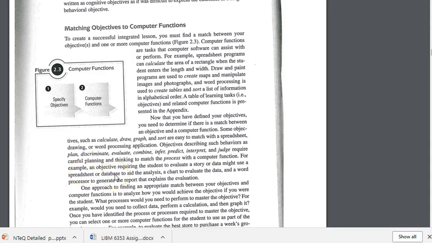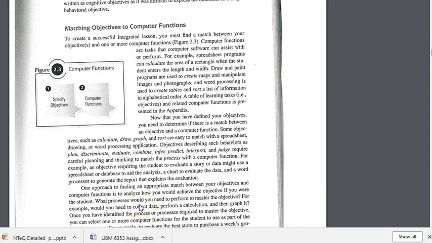So for example, an objective requiring the student to evaluate a story or data might use a spreadsheet or database to aid the analysis. A chart could be used to evaluate the data. A word processor could generate a report that explains the evaluation. So one approach to finding an appropriate match between your objectives and computer functions is to analyze how you would achieve the objective if you were the student.